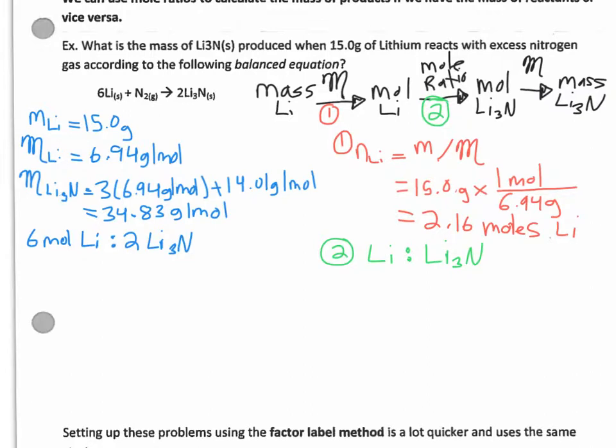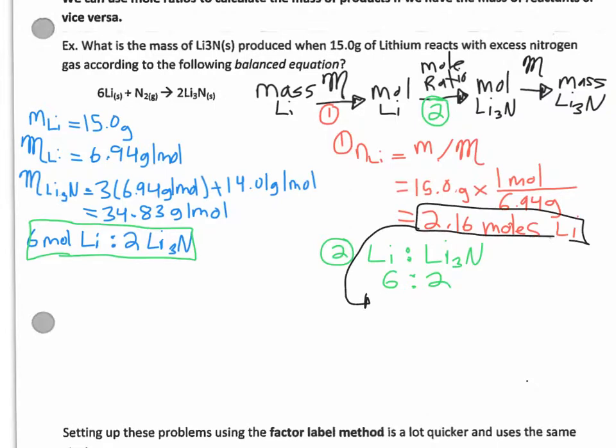So my mole ratio is over here. 6 moles of lithium is going to give me 2 moles of lithium nitride. So I'm going to take the number of moles that I calculated here, and I'm going to bring it down here.